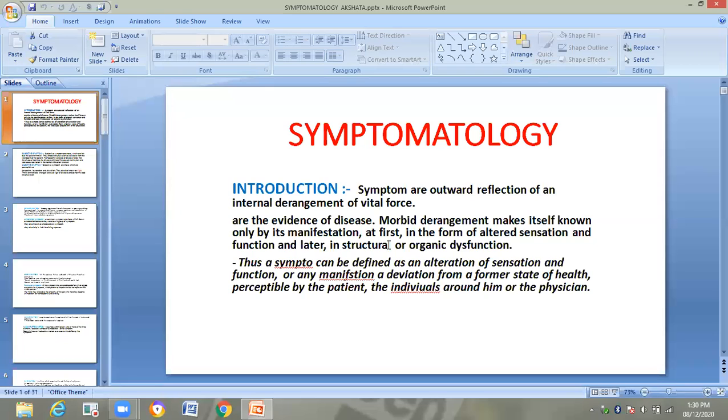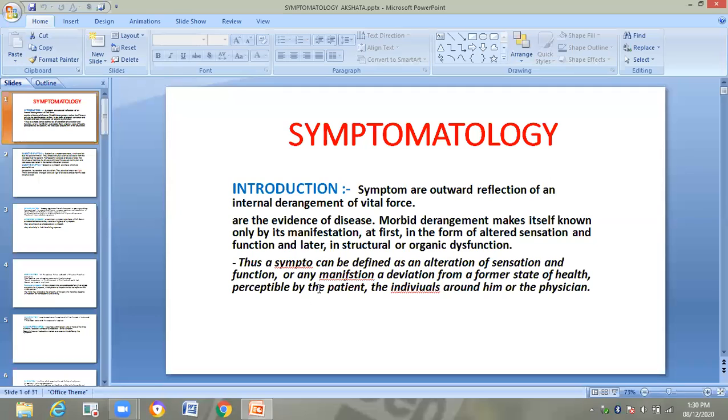So when there is any outward reflection, then definitely there is an inner derangement of the vital force, which was first manifested in the form of altered sensation and function, and later on in structural or organic dysfunction.